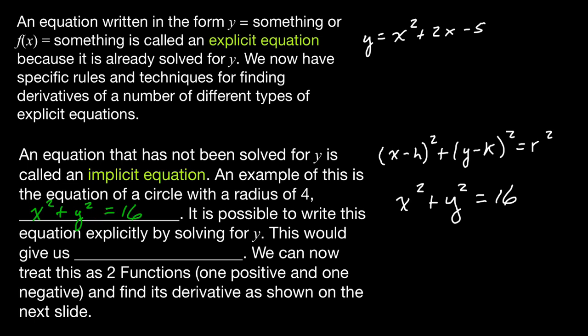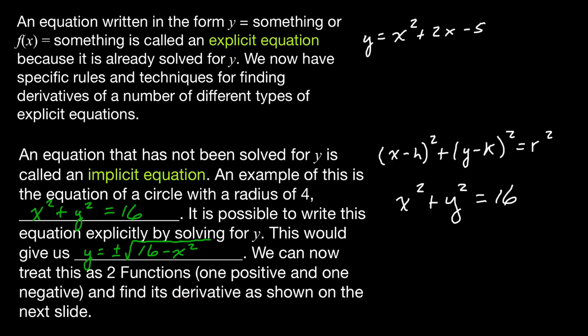So what you end up with then would be y equals plus or minus the square root of 16 minus x squared. Graphically, the plus square root would give you the top half of your circle, and the negative square root would give you the bottom half of your circle.